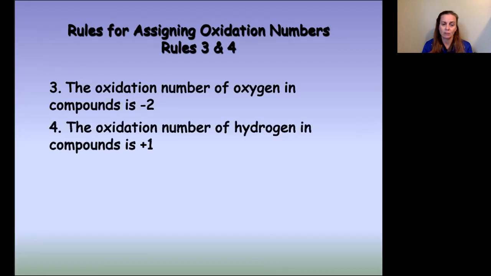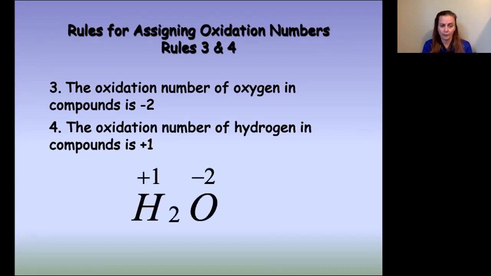And the oxidation number of hydrogen in a compound is +1, unless it's bonded with a metal, then it's -1. But then it would be an ion. So oxidation number of oxygen in compounds is -2. Oxidation number of hydrogen in compounds is +1.